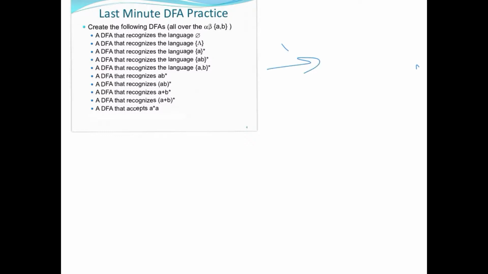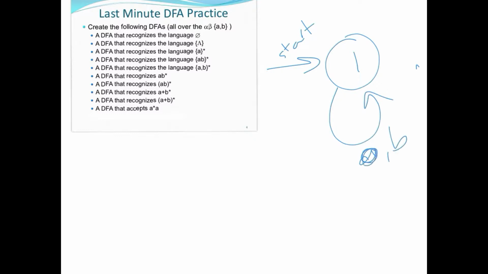I've got my start and a single state. This is over the alphabet AB. I'm sorry, handwriting on this iPad is difficult, but there is my start state, AB, no double circle, so it accepts the empty set. We could also have another DFA that accepts the empty set.